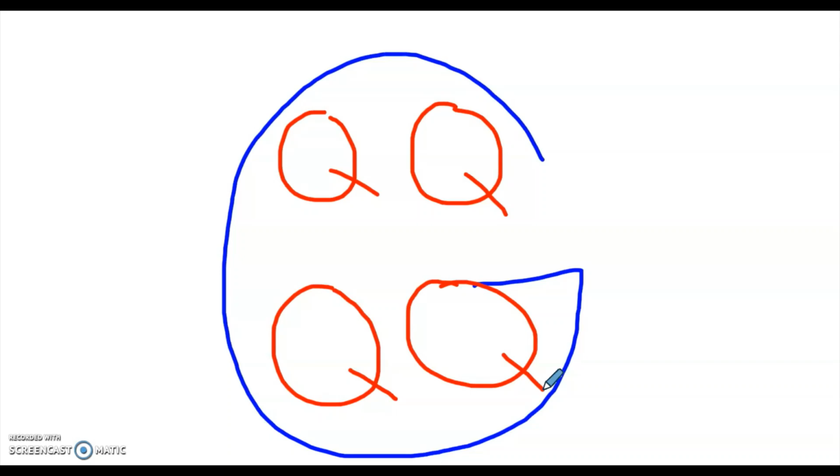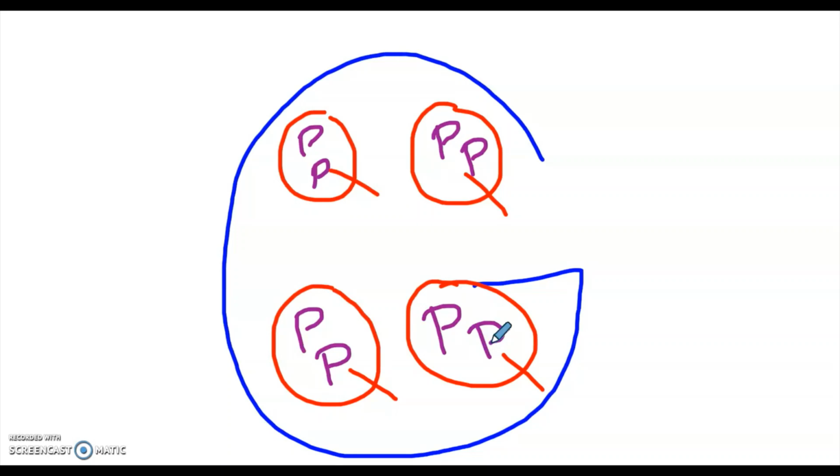The next unit that we had was the pint. Do you remember how many pints are in each quart? Yep, there are 2 pints in each quart. So I'm going to draw 2 P's inside of each quart. Our next unit that we're going to do is the cup.